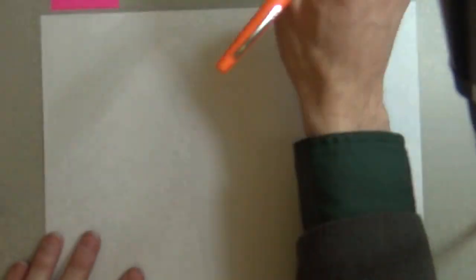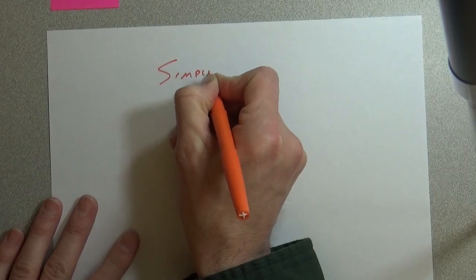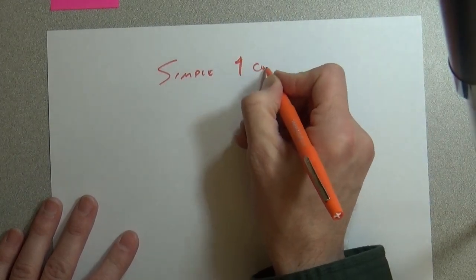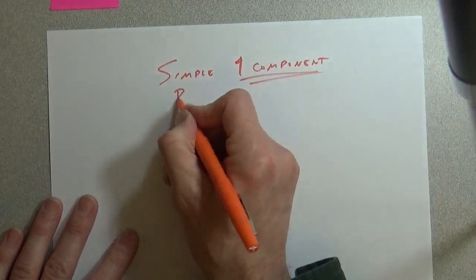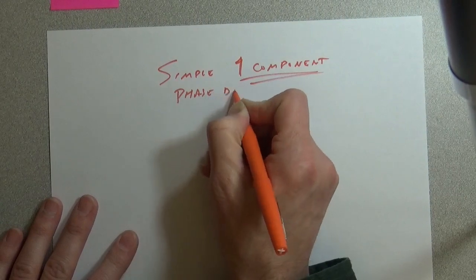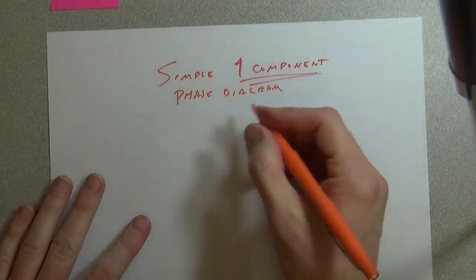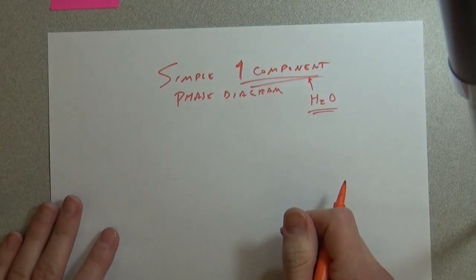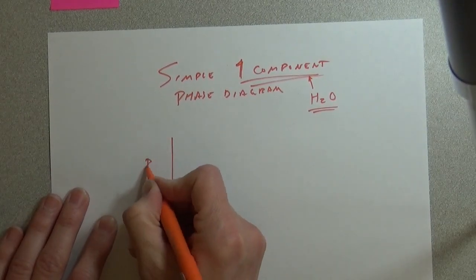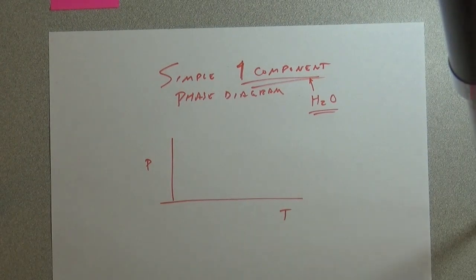So let's look at one simple phase diagram, a simple one-component phase diagram. And let's have our component be water. So one component, water, and we're going to plot pressure versus temperature.